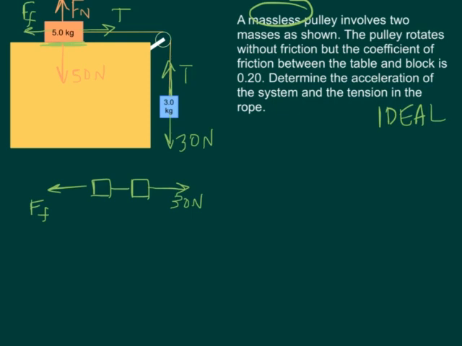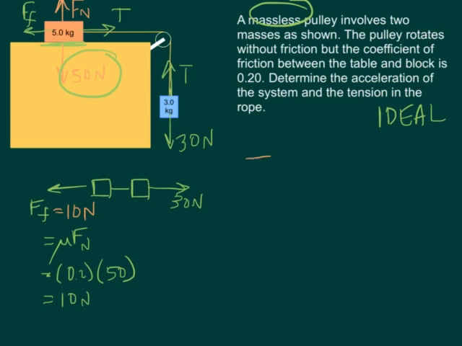Again, the 50 newtons does not show up directly in this calculation. I'm just going to use that to find friction. Friction, of course, is mu times the normal force, so that's 0.2 times 50, or 10 newtons. Okay, so we have 10 newtons here of friction.